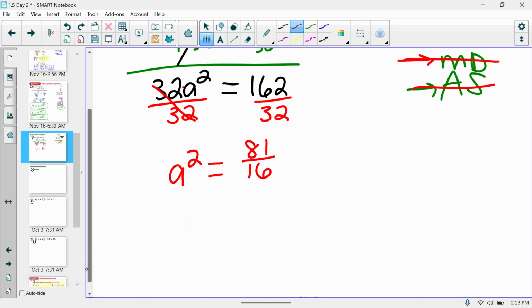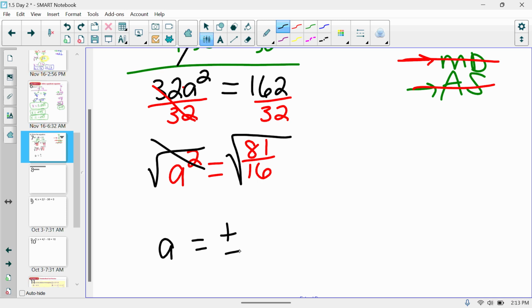Now opposite of square, if we take the square root, it would cancel the square and get A alone. When we take the square root on this side, we have to remember to put this symbol right away, because whenever you take the square root of something, a negative times a negative would give us this back again. Now here we're going to think about the property we learned yesterday and write this as 2 separate things.